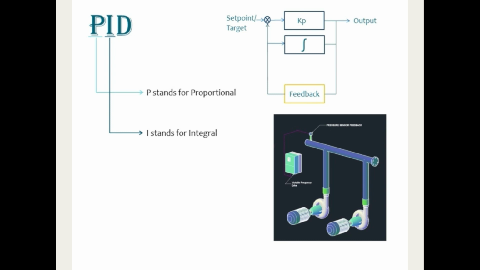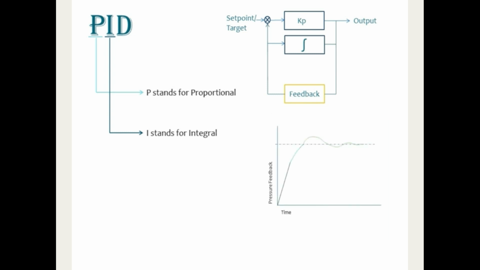We can see in the graph how P and I will respond. It is responding as we discussed in the cases before, but note one thing. Here we see there is some oscillation. Sometimes it doesn't appear, but it can happen.